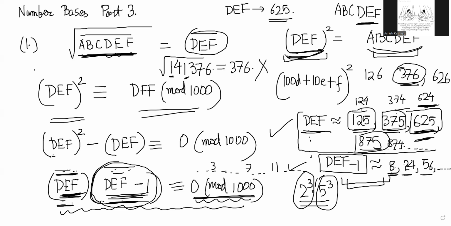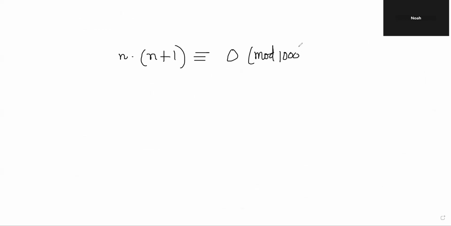Then we did this operation and got to here. It's the product of two successive numbers congruent to 0 mod 1000. We are basically trying to solve this congruence.